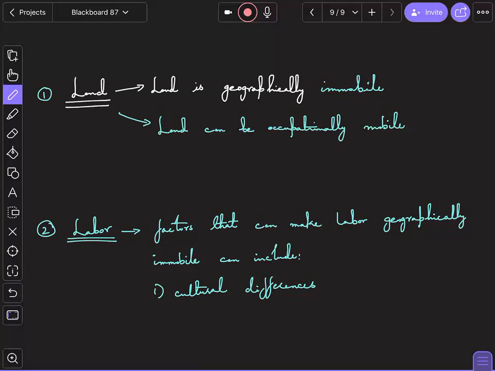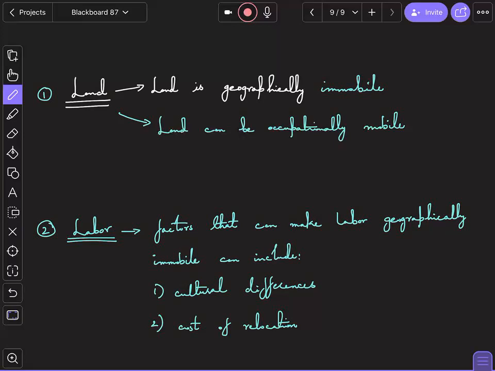Similarly, what is the cost of relocation? If the cost of relocation is too high, then probably you won't move into another country, region, or city for a better occupation, because all the extra money that you will earn will be spent on your cost of relocation.